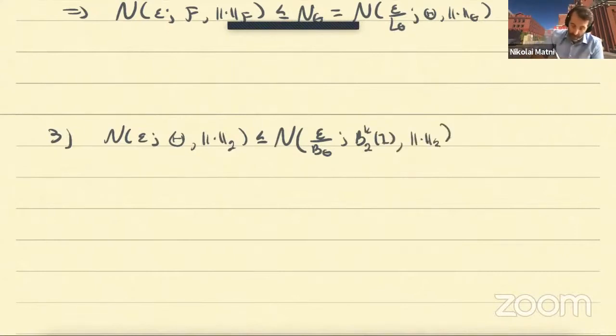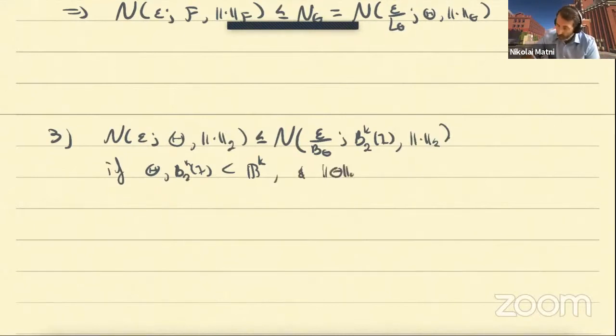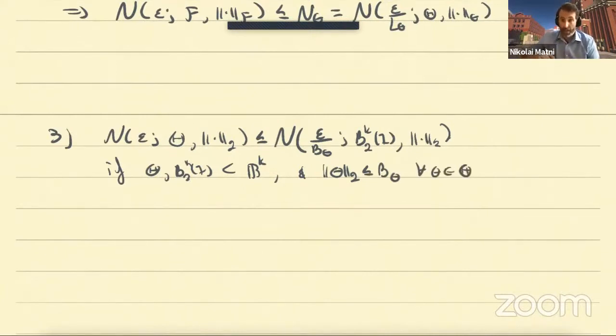Here we're assuming that both theta and B_2^k are subsets of R^k, so there are k degrees of freedom in theta. And we're going to assume that the 2 norm of theta is less than or equal to B theta for all possible choices of theta.